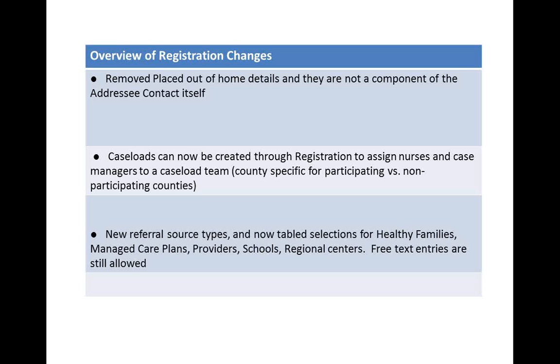However, we do still allow for free text entries because we understand that even though you might have a referral from a provider, they may not be a Medi-Cal provider, and thus they're not on our provider master file copy. So we do still allow free text entries to put in for the referral source.